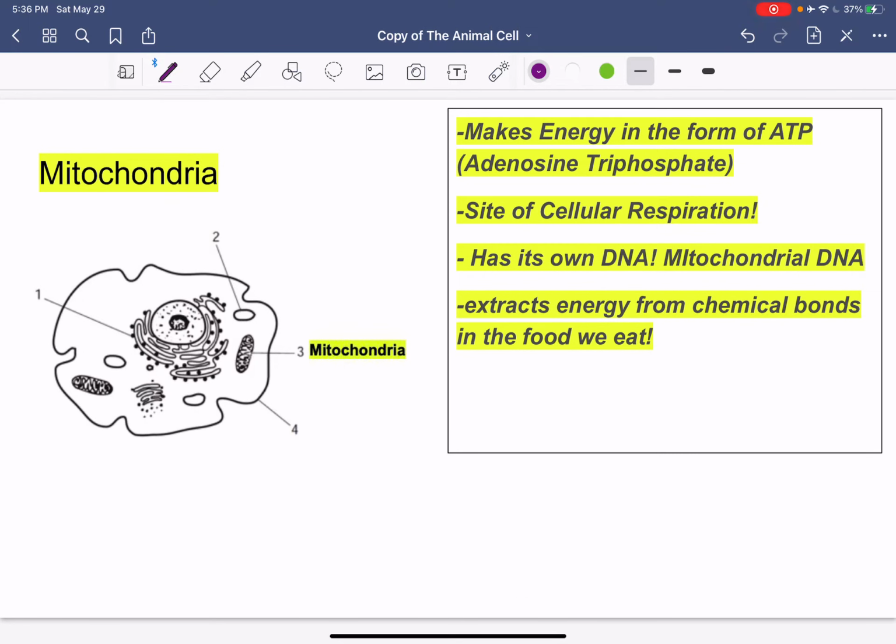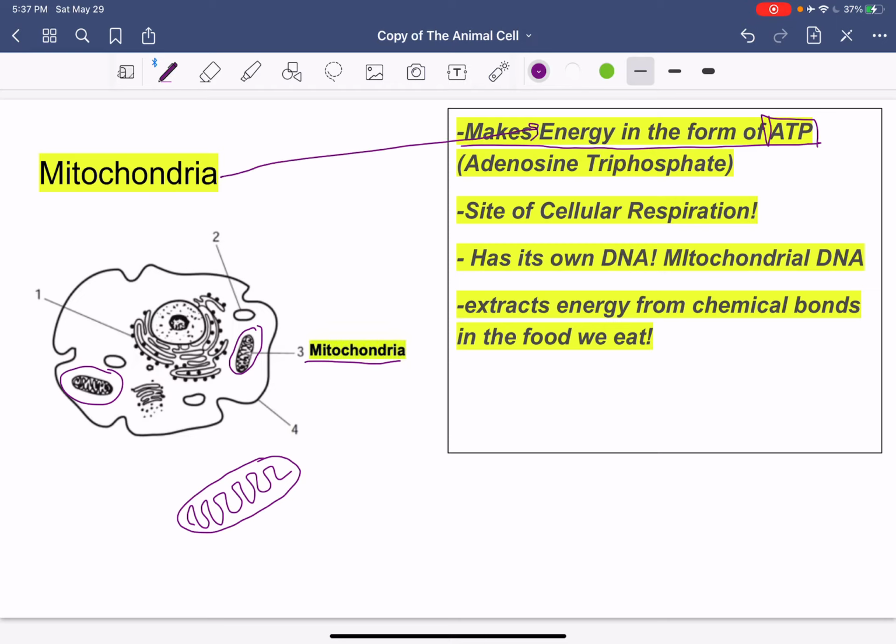All right, guys, now the mitochondria. The mitochondria, remember, are these jelly bean-like structures, very easy to draw. It's very important that you recognize the mitochondria right away as soon as you see it. The mitochondria has a lot going on. The mitochondria makes energy in the form of ATP. Now, the king word that you have to always associate the mitochondria with is energy.